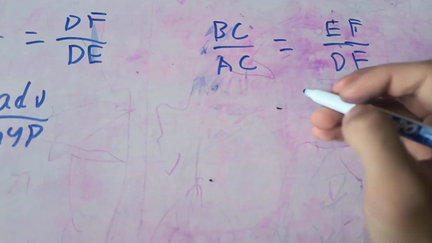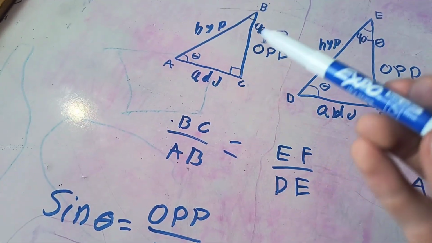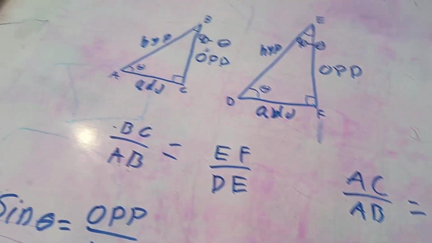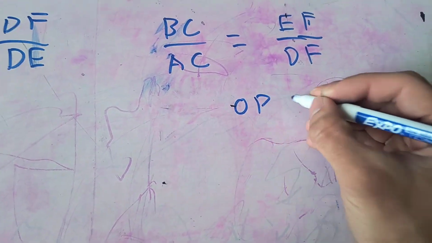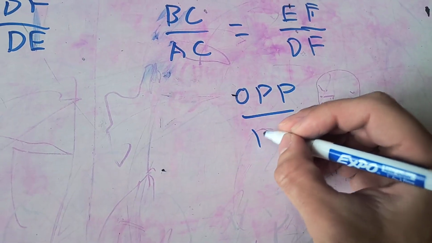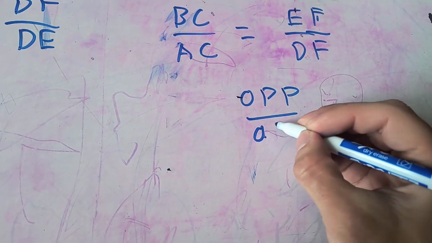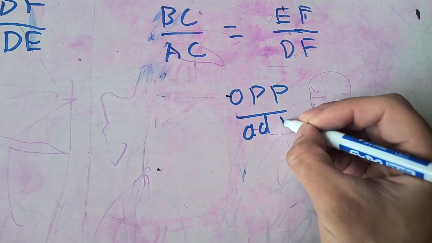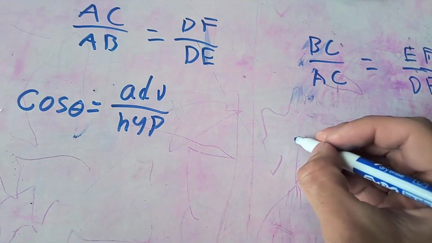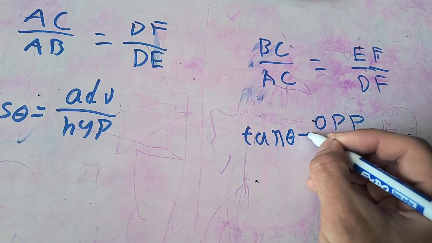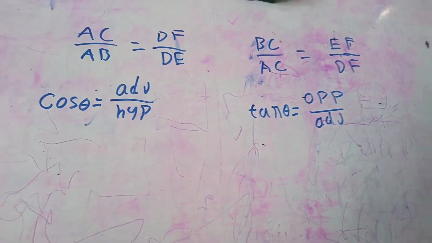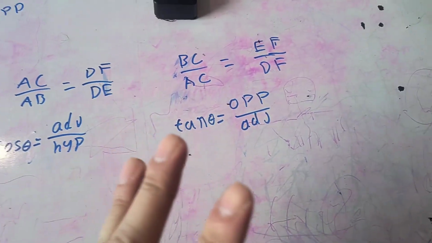And BC over AC, the opposite side over the adjacent side, we call that tangent of theta. That ratio is called the tangent of theta.